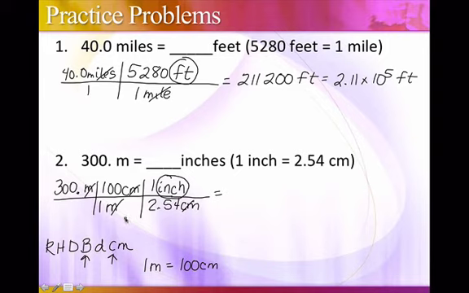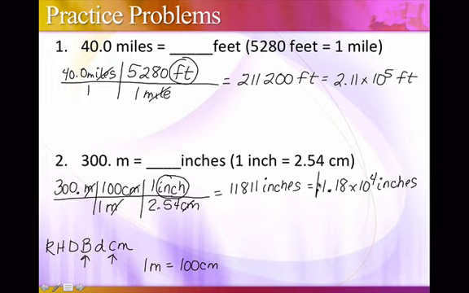All you have to do is plug that into the calculator. And if you do that, you should end up with 11,811 inches. And again, that's a pretty big number, so I'm going to convert it into scientific notation. Times 10 to the 4th inches. And that would be your final answer.